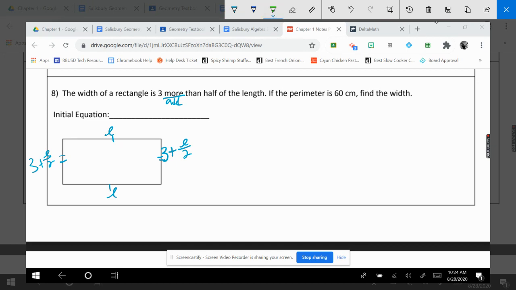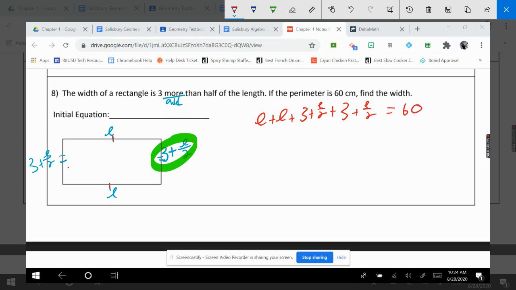So we're actually solving for this. But we first need to figure out what is L and what these variables are. Well, I know the perimeter if I add up L plus L, L plus L plus 3 plus L over 2. One of these. And then plus 3 plus L over 2 again, which is the other side. That has to equal 60.